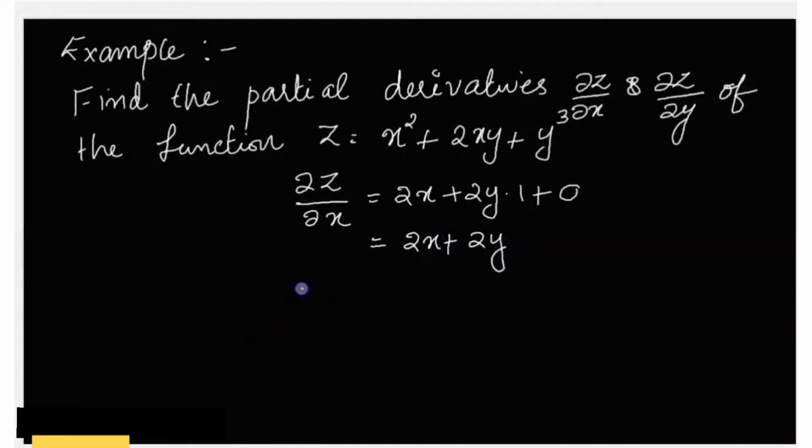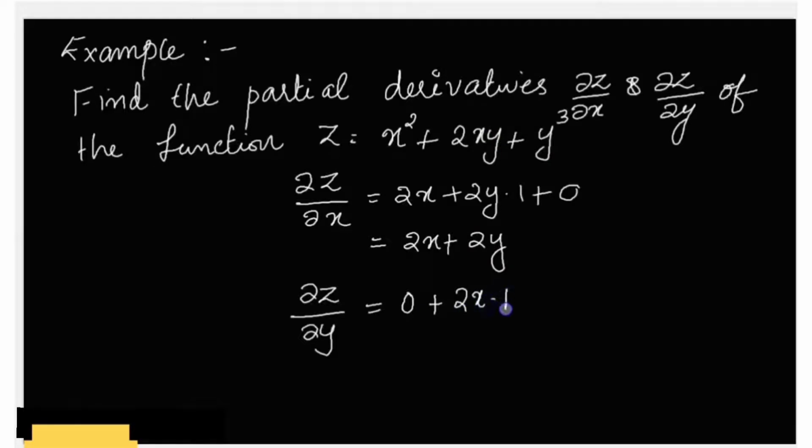Now find the derivative of z with respect to y. That means differentiate this function with respect to y, treating x as constant. So look at the first term. It involves only x, therefore the derivative is 0. Plus, in the second term, 2x is constant because we are differentiating with respect to y.